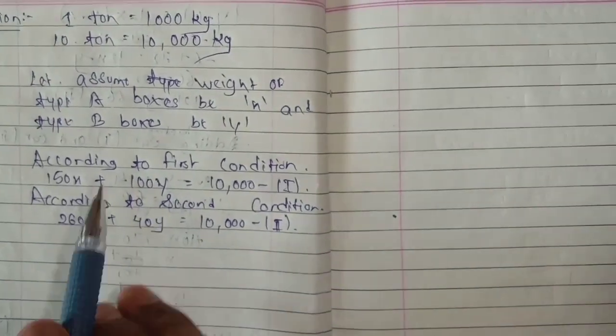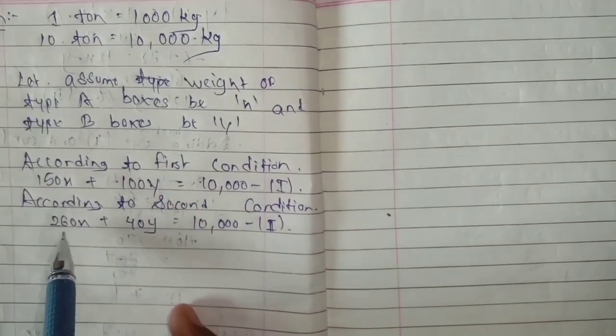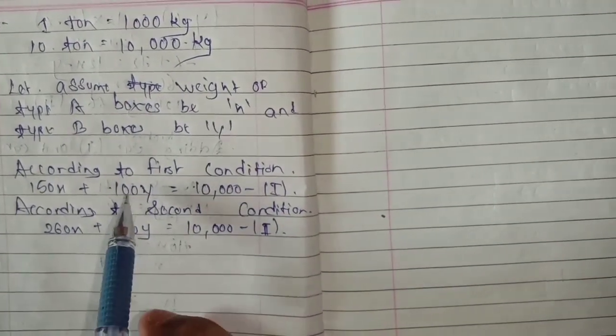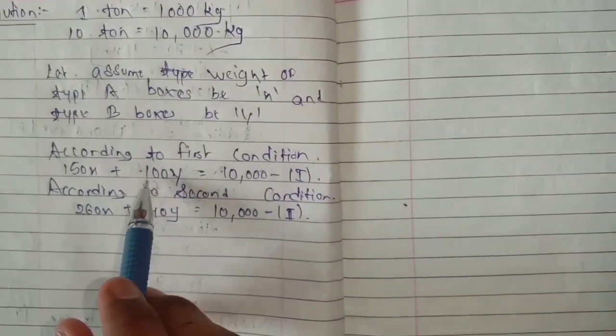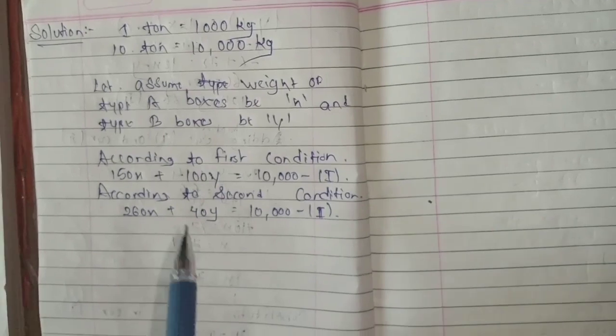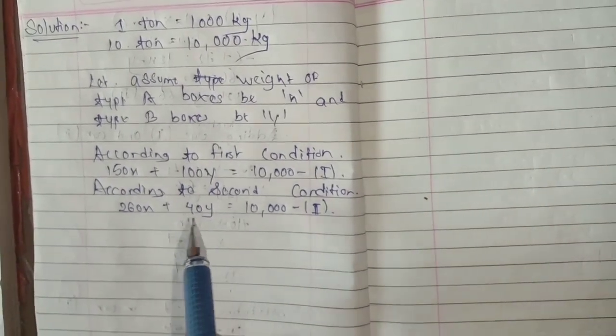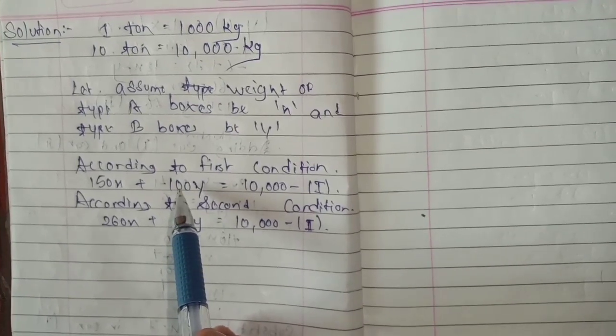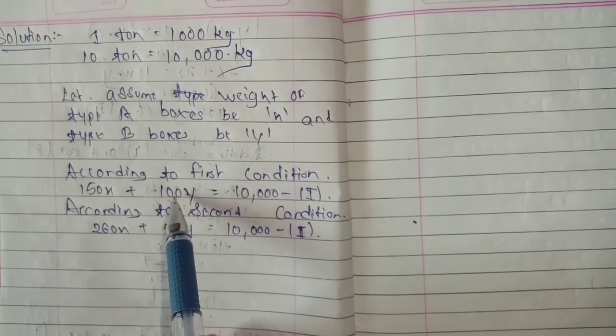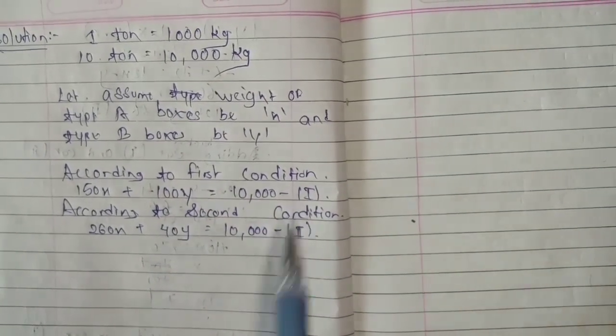As we got the second condition, we can cancel the x variable or the y variable by making the same coefficient. There is 100y and 40y, so to cancel the y variable, I will divide by 10 in equation first.